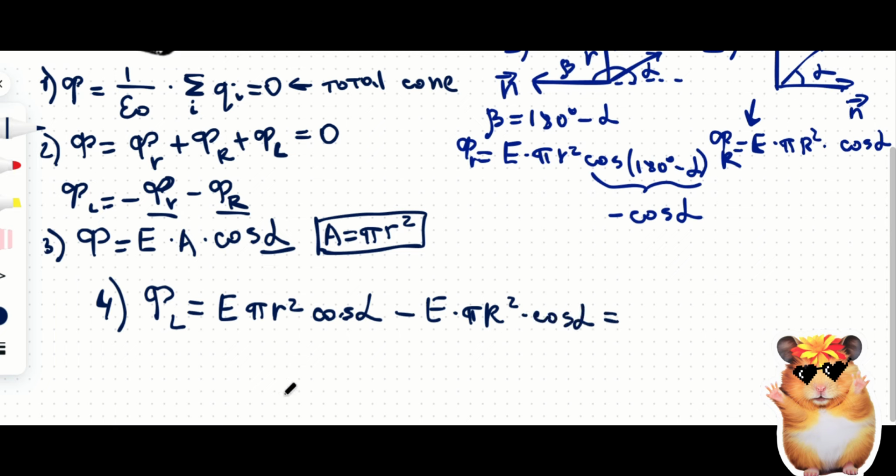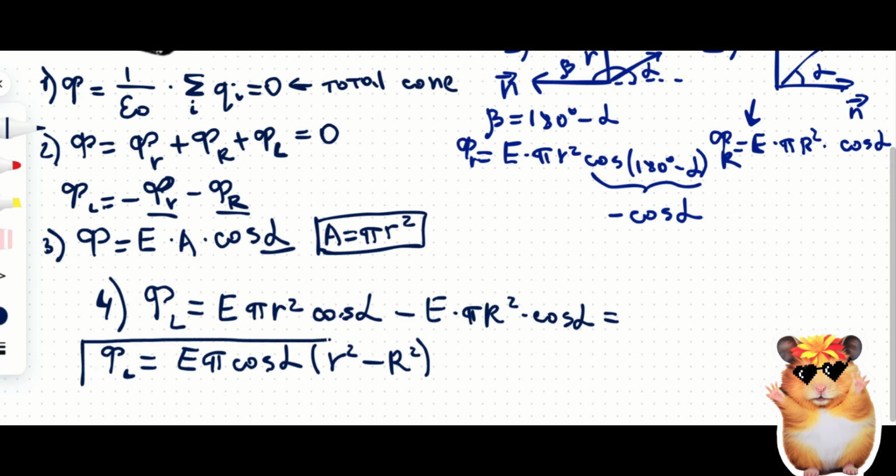Let's make it more beautiful to our eyes. We put the small r squared and the big R squared in brackets. So it will be E pi cosine alpha times small r squared minus big R squared. So our lateral surface flux is equal to this one. The final answer is this.